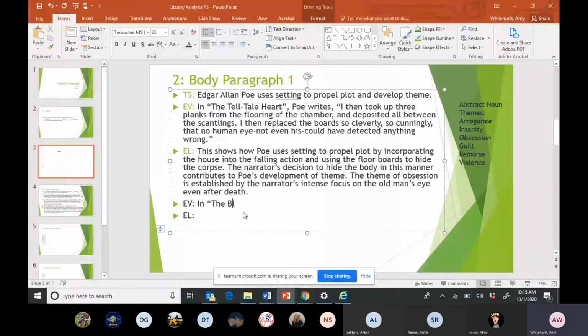So in The Black Cat, we can say Poe writes, even in this felon's cell, I am almost ashamed to own.